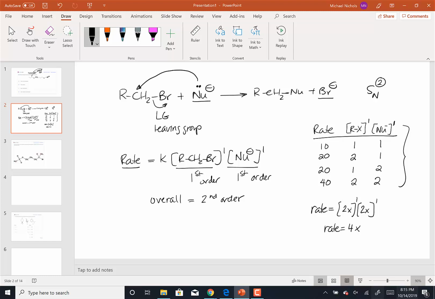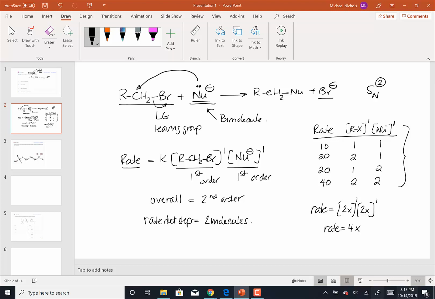Now what that means on the molecular level is that in the rate determining step you have 2 molecules that are reacting together. And so in the rate determining step, your alkyl halide is reacting with your nucleophile molecule, and that's what makes this what is called bimolecular.